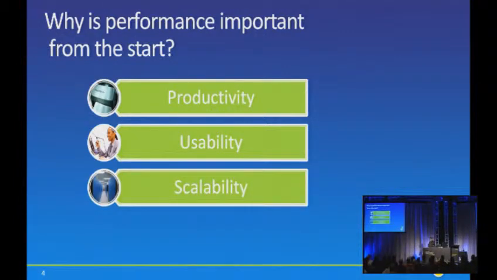Then comes the scalability. Scalability is the ability to extend the system, like adding memory. Do we need to add memory? Do we need to go for a new application? Can my system take more applications?